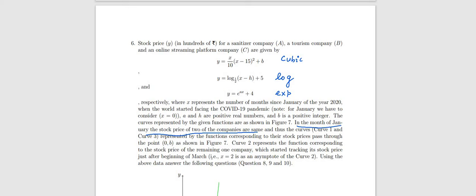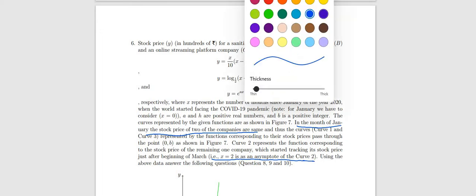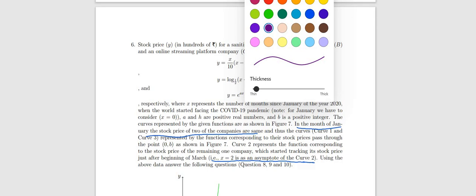And you can see that it has been given that at x is equal to 2 there is an asymptote of curve 2. Before going to the question, let me explain what exactly an asymptote is. For this graph, it basically says that when x approaches 2, y will be approaching infinity.